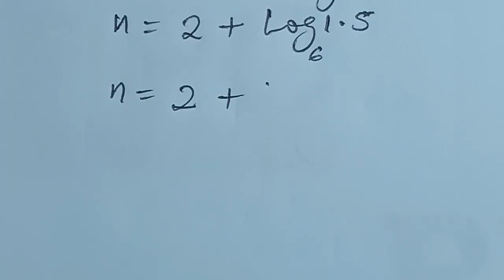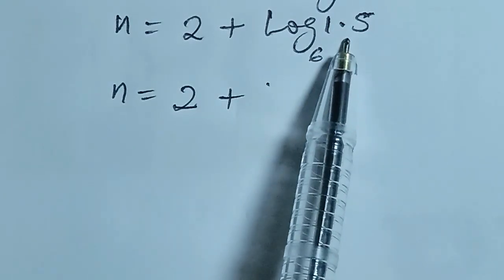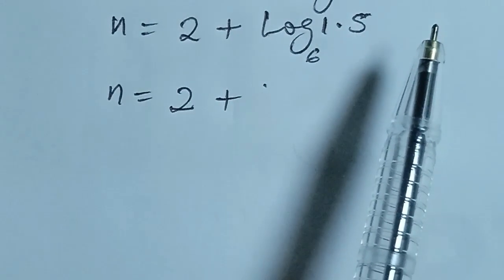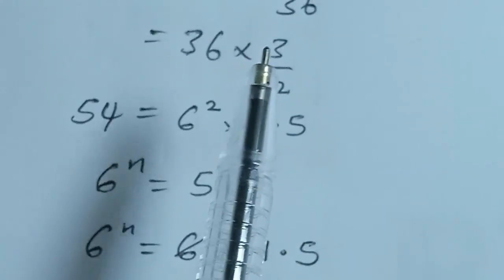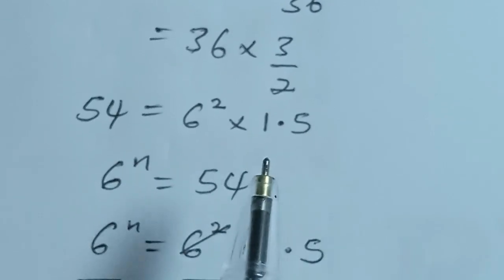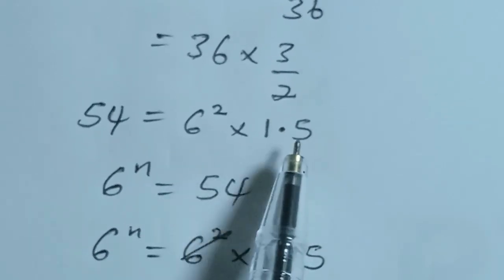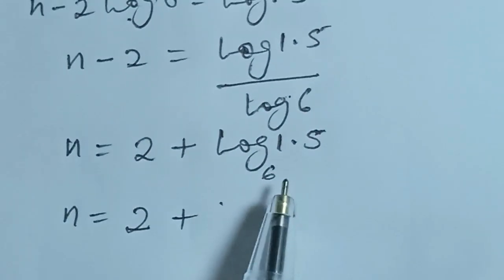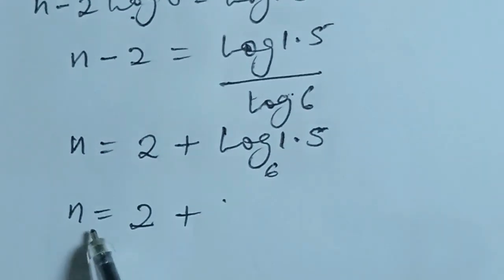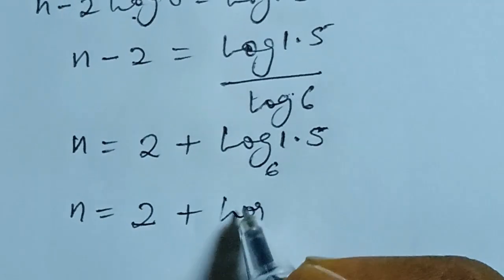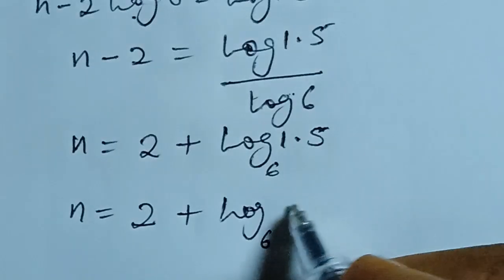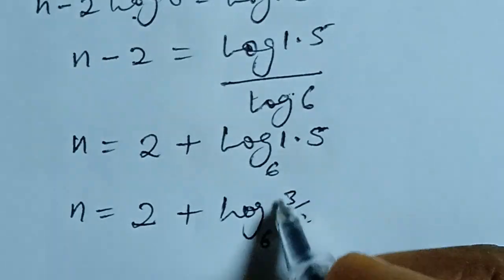So we convert this 1.5 to a fraction. From our earlier step, where we have 3 over 2 as 1.5, we now replace this 1.5 with 3 over 2 in this step. So n now becomes n equal to 2 plus log base 6 of 3 over 2.